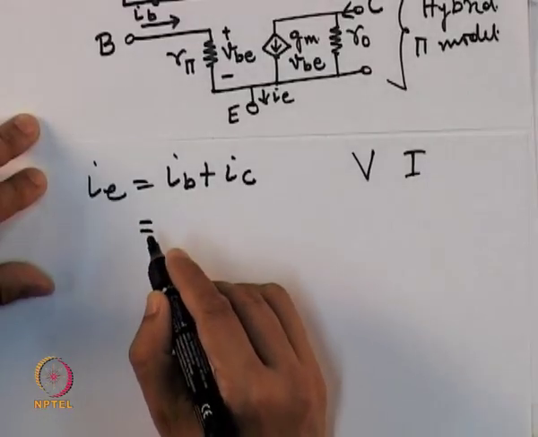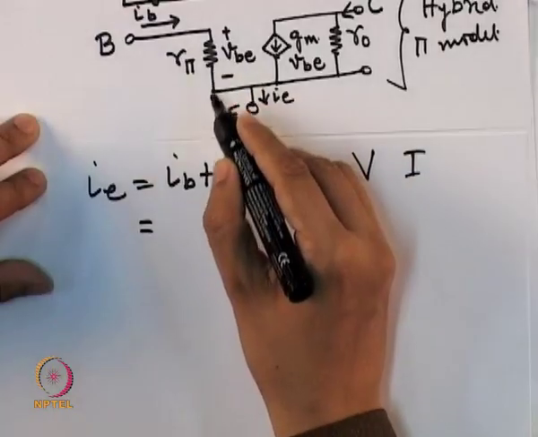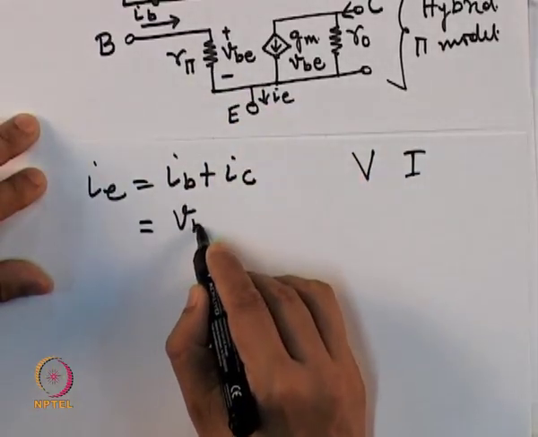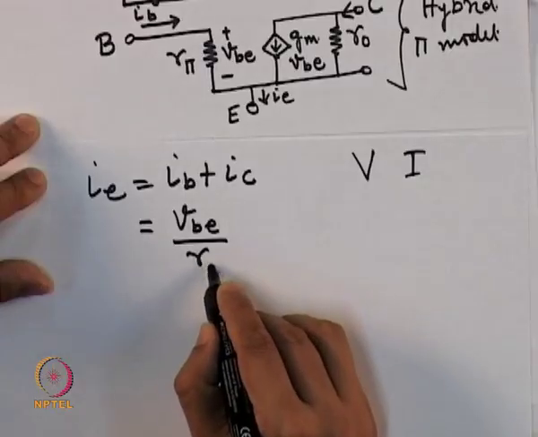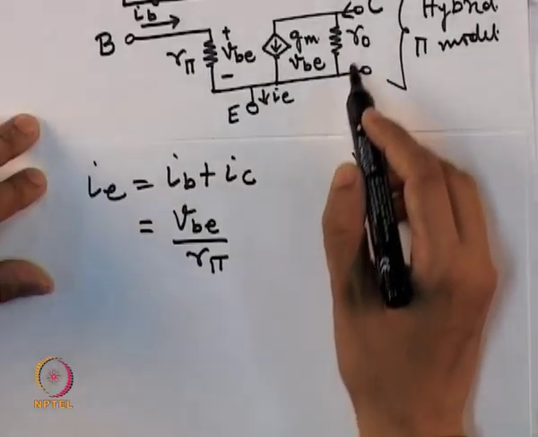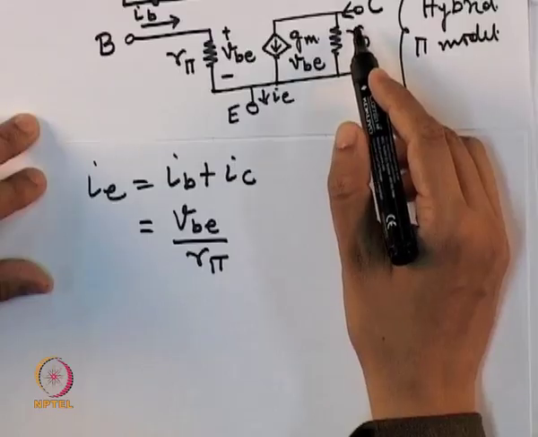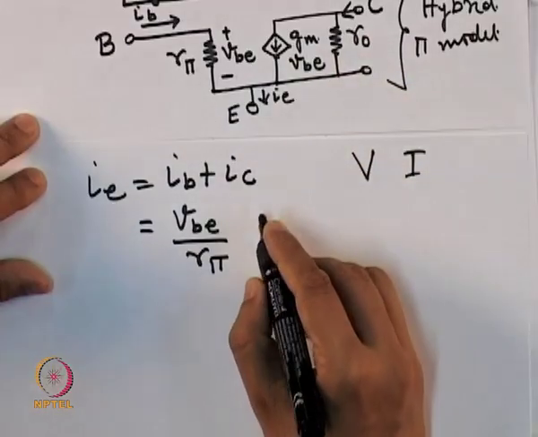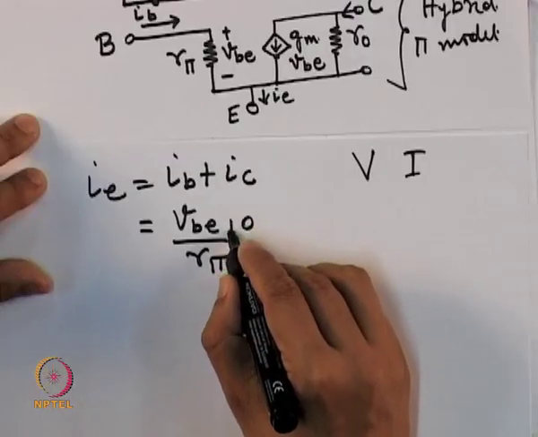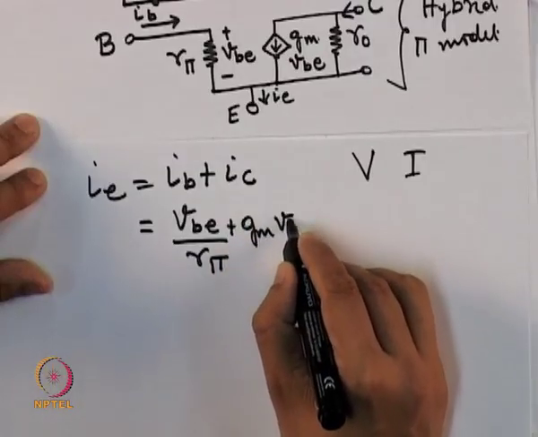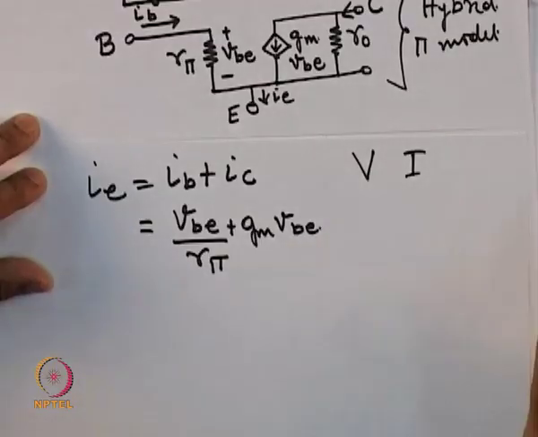So, what is my I b? I can see that I b is nothing but V b e upon R pi, and I c is equal to G m times V b e.